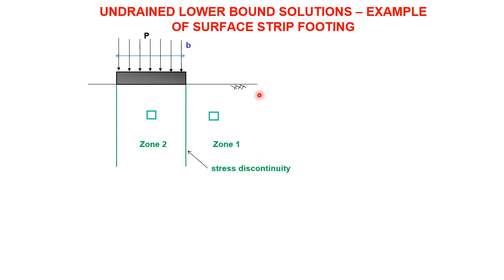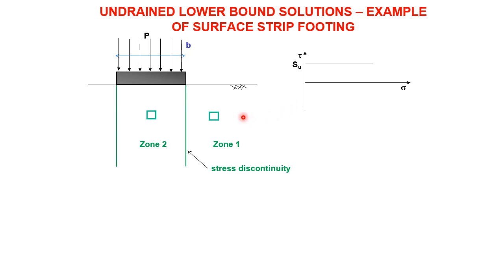Forget all that. We are just thinking about what is permissible, and we're going to assume that the soil is weightless. So all of the stresses in this zone are one set of stresses, all of the stresses in this zone are another set of stresses, and we don't care if it's not realistic.